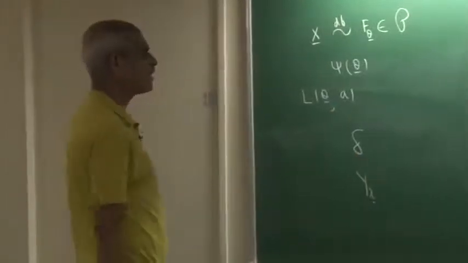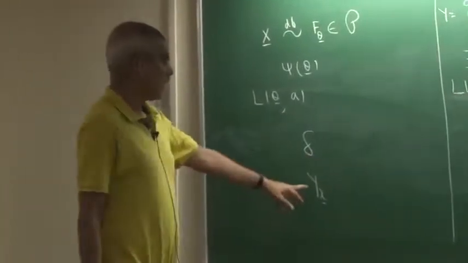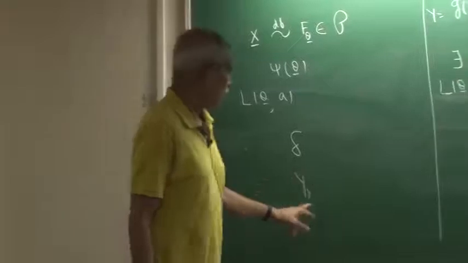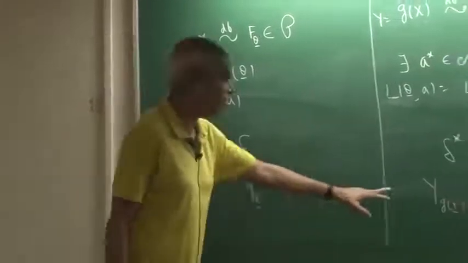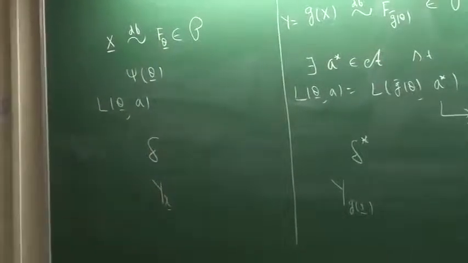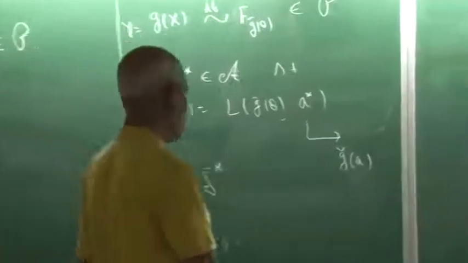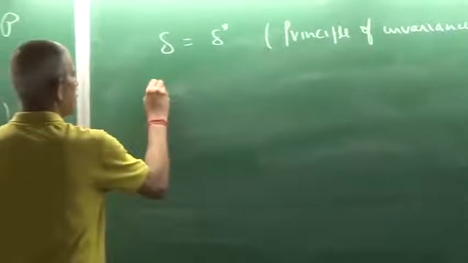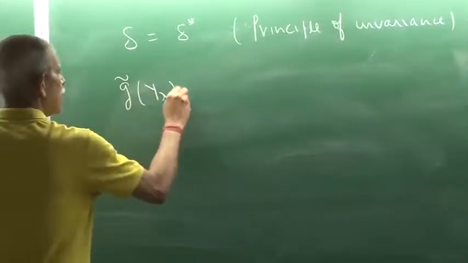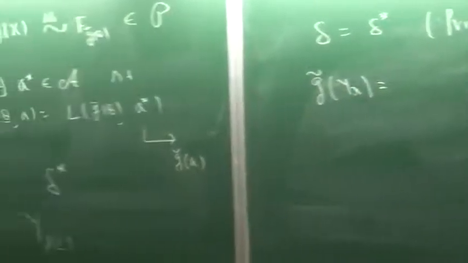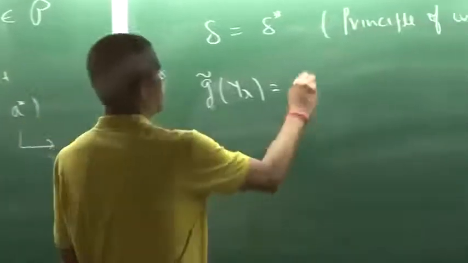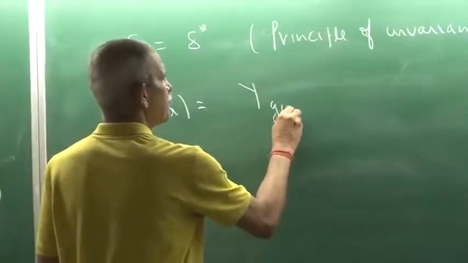So that means if y of x is an action over here, the corresponding action over here is g tilde a. So that means g tilde of y of x should be the same as y of gx. Right? That is what is happening.